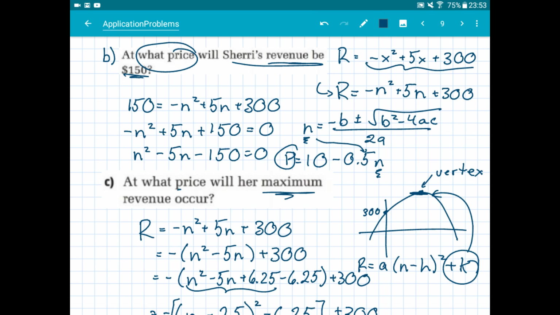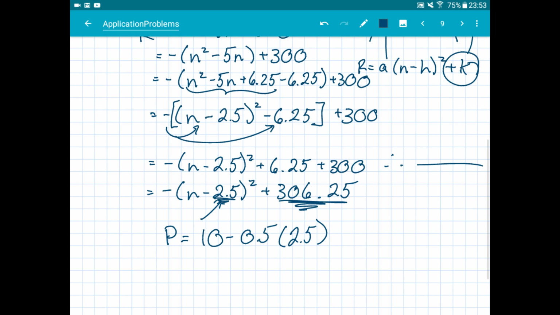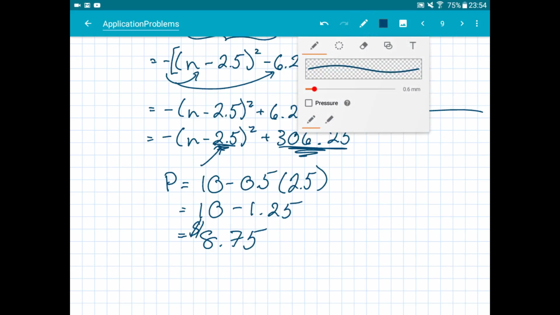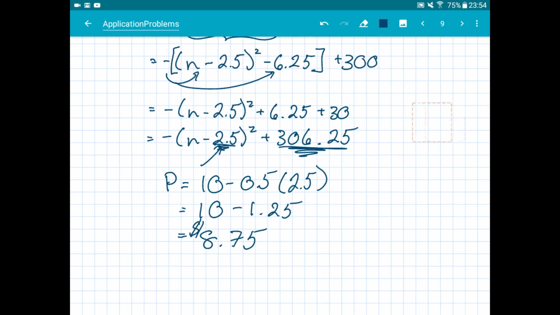So it's asking at what price our maximum revenue will occur. Make sure that you put this in your answer. So this is going to be 10 minus 1.25, so it would be $8.75. Therefore, I'll write out the therefore statement for you this time.